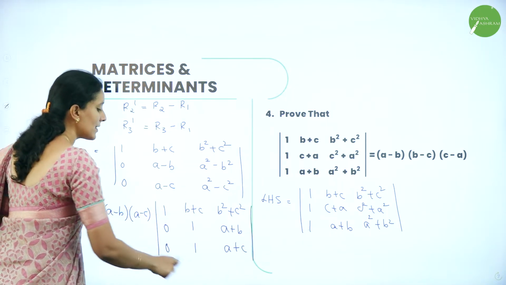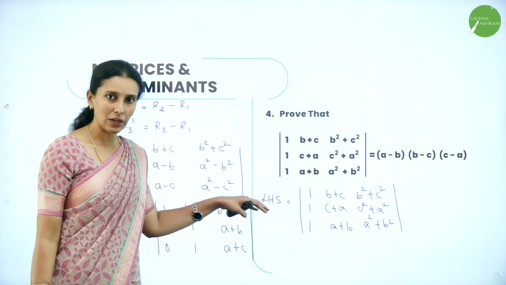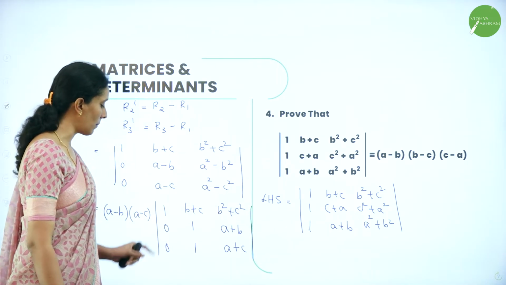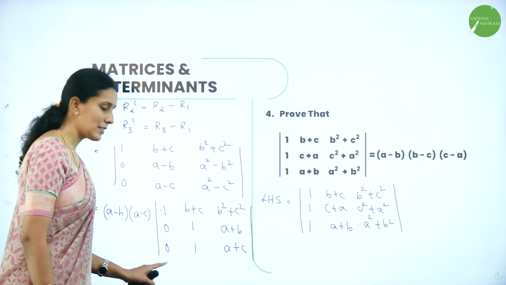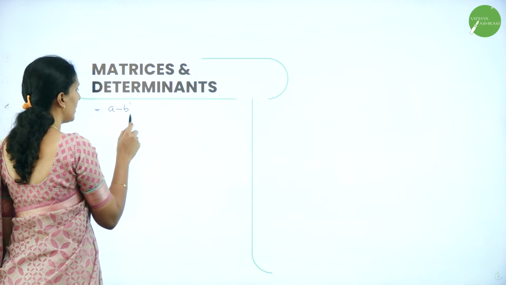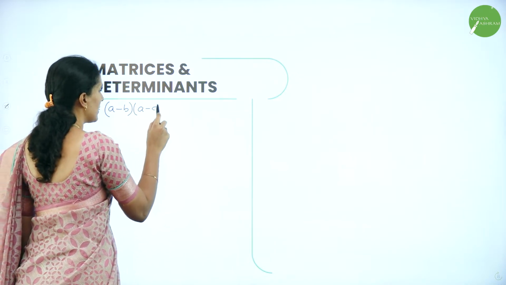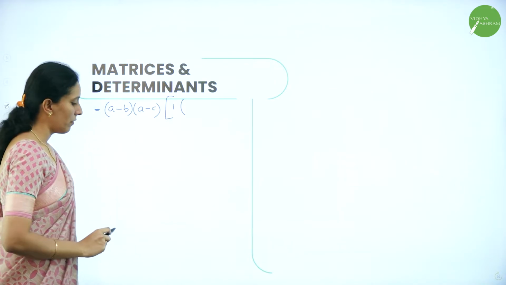So now let us expand the value of the determinant. We can expand with any one row or any one column. Here I will expand with the column. Remember the sign: this is plus, minus, plus. So therefore it is A minus B, A minus C. Next, 1 into, so what are the values we will get?